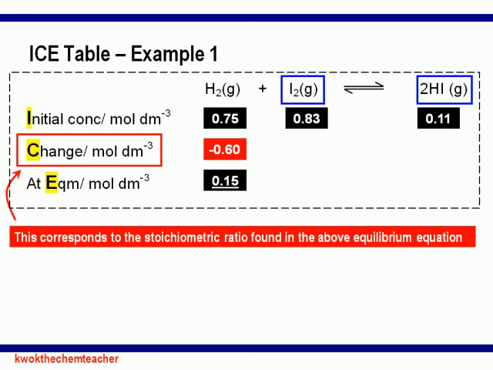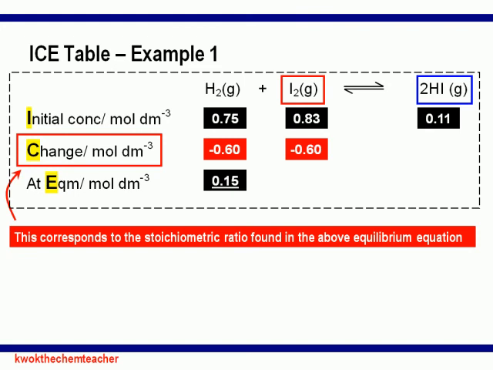The row for change actually corresponds to the stoichiometric ratio that is found in the above equilibrium equation. Hence, using that information, we can find out the change for iodine as well as the change for hydrogen iodide. The mole ratio of hydrogen and iodine is 1:1.